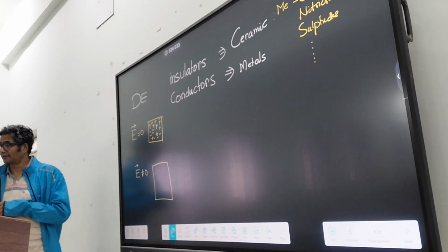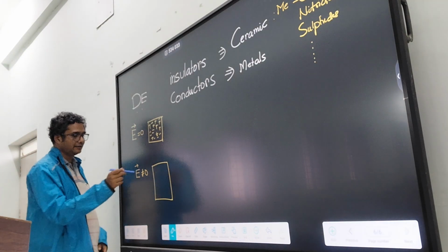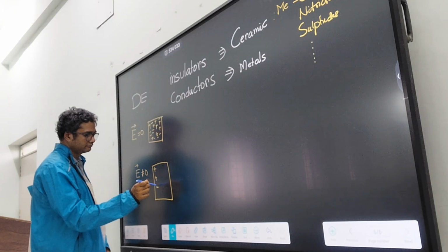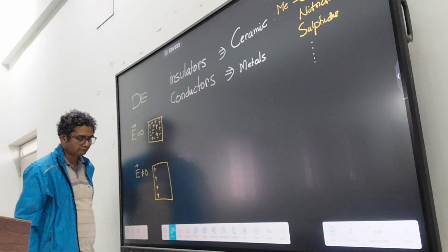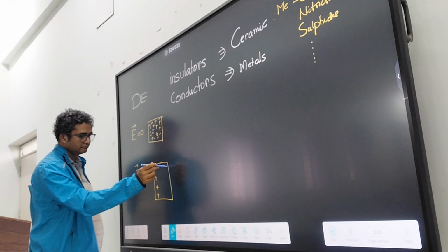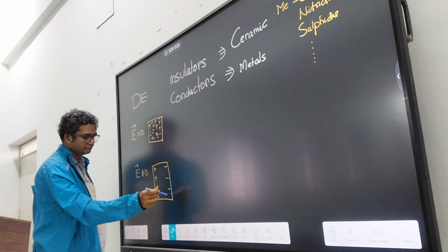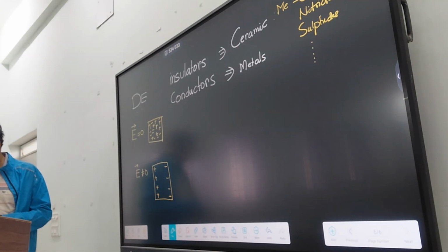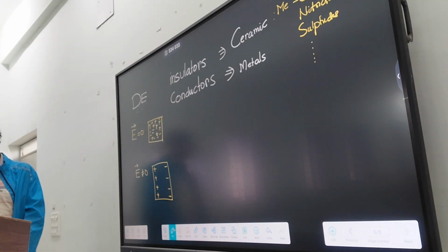इलेक्ट्रिक फील्ड अप्लाई करने के बाद क्या होता है? They polarize. Separate. So there is a polarization taking place.